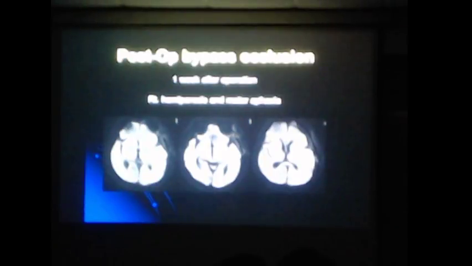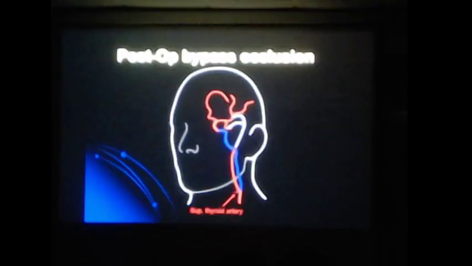We determined the M2 branches were also thrombosed together with the bypass graft, and then we decided to reconstruct the bypass. So we planned the bypass reconstruction with a radial artery graft.